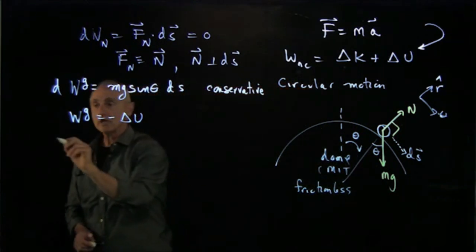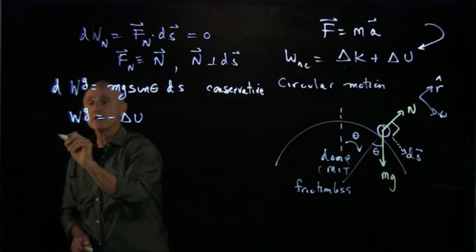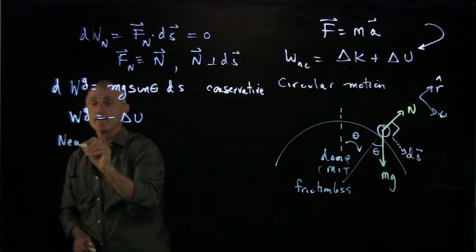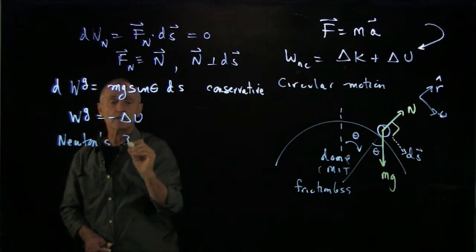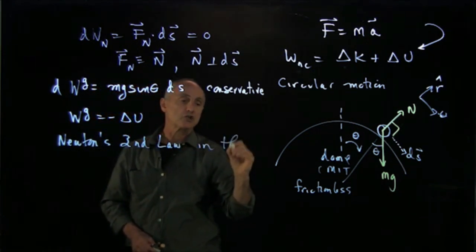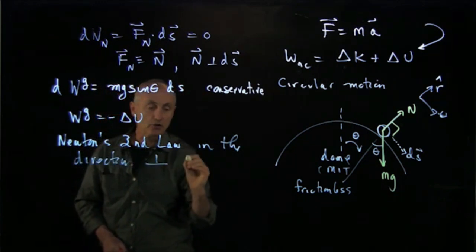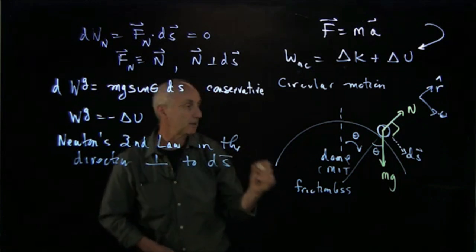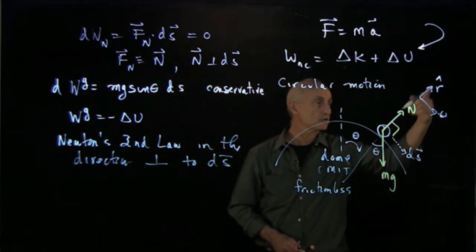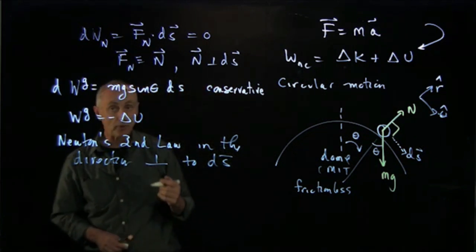So also what we need is Newton's second law in the direction perpendicular to the displacement. Displacement is in the theta hat direction, so we need Newton's second law in the radial direction.